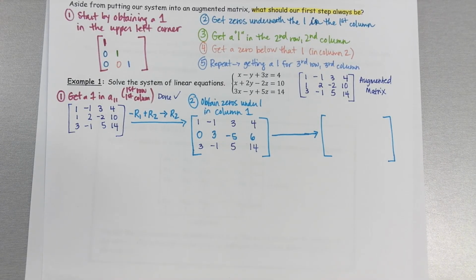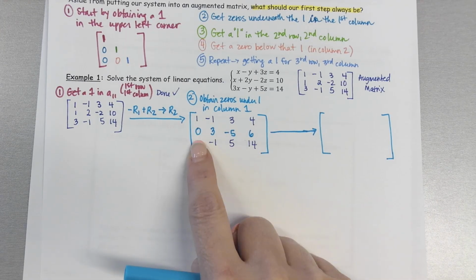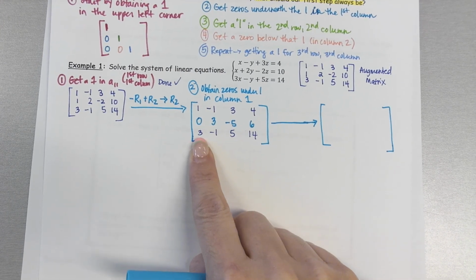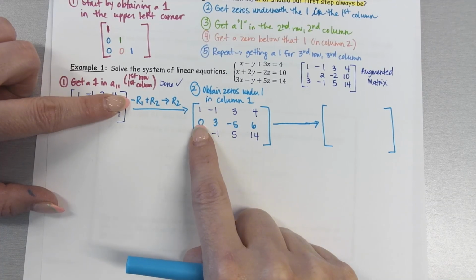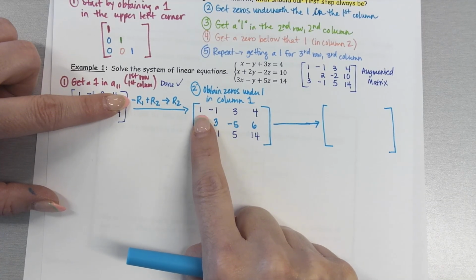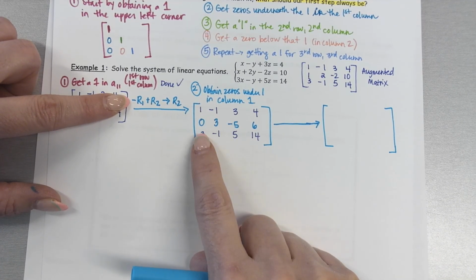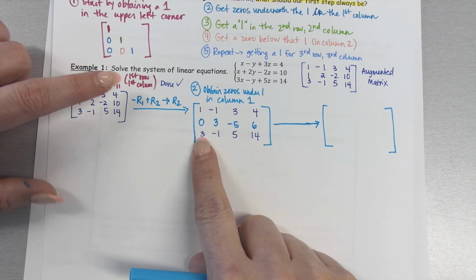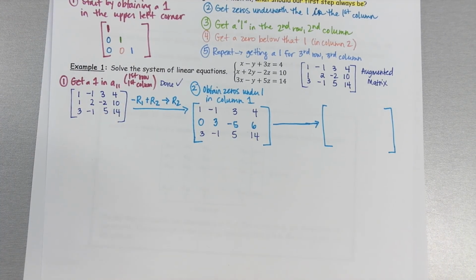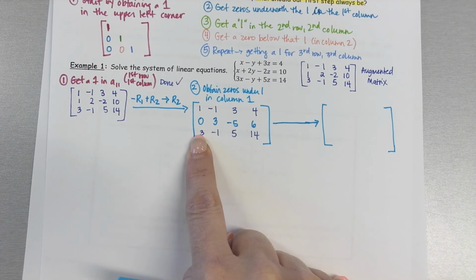So you're trying to get a 0 where? Yeah, row 3, in column 1, row 3. Here we did the opposite of row 1 and we added it to row 2. Now we're just going to do the opposite of row 1 and add that to row 3. So what's the opposite of 3? -3.